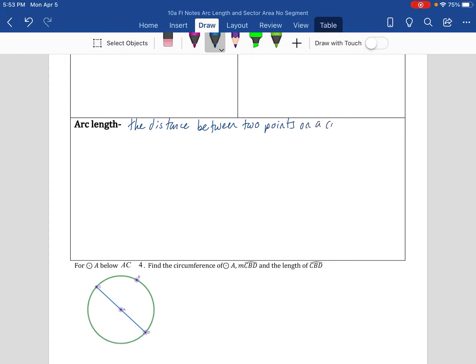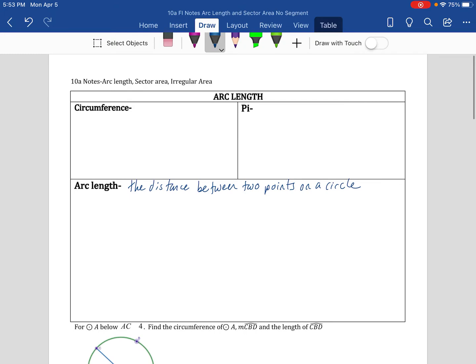So, distance between 2 points on a circle. And the length of your arc has a lot to do with the circumference of your circle.